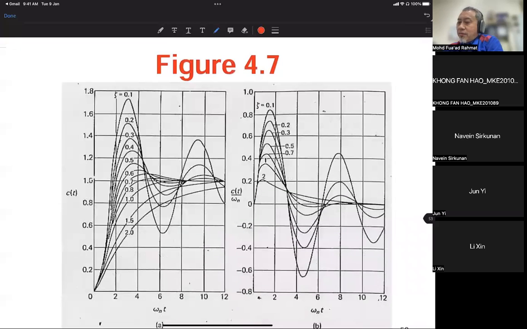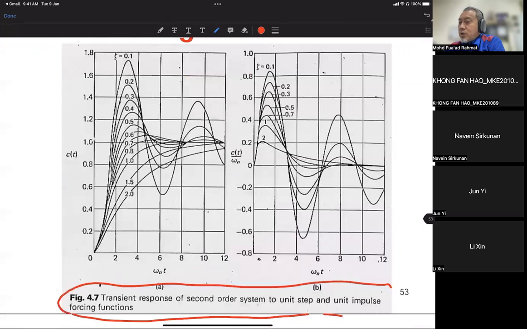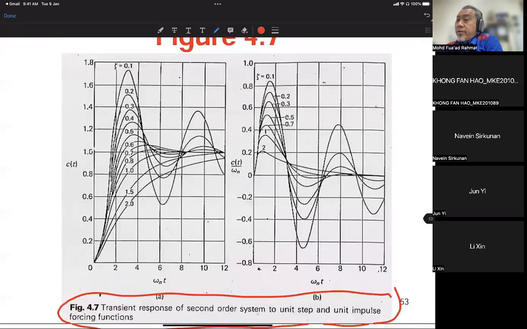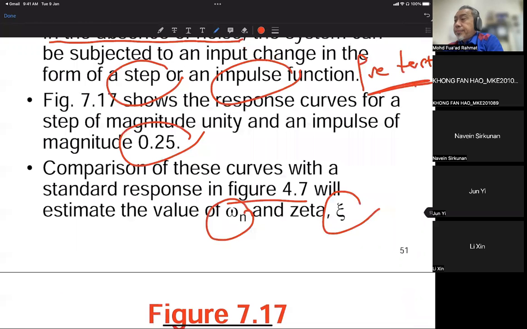This is a standard curve for a second order system to a unit step and the unit impulse forcing function. You can see that the zeta we chose just now is 0.3.